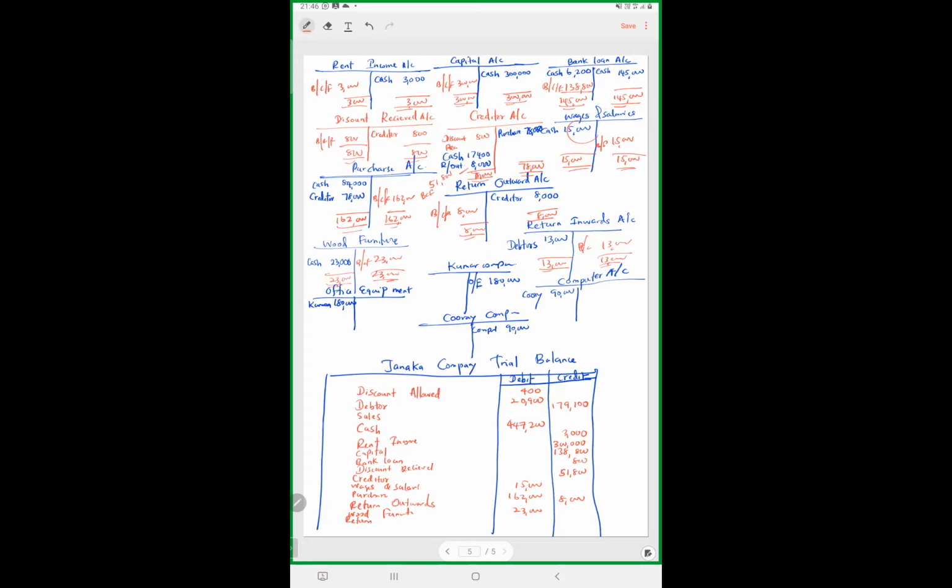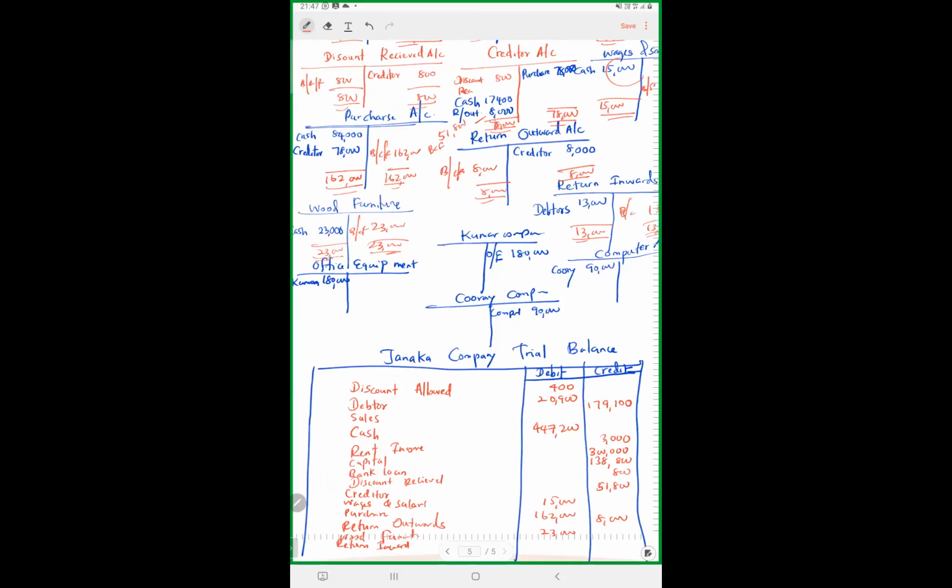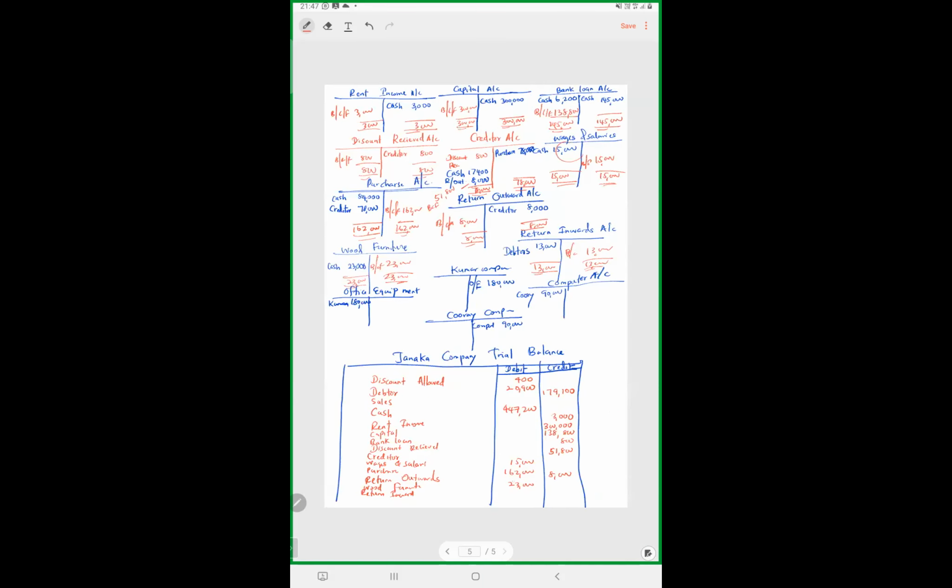Return inwards 13,000. And then office equipment 180,000, 180,000, BCF. Office equipment 180,000.